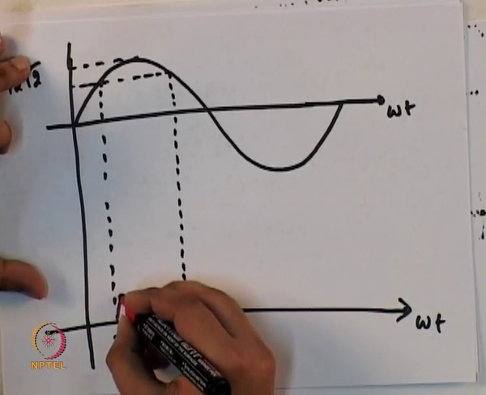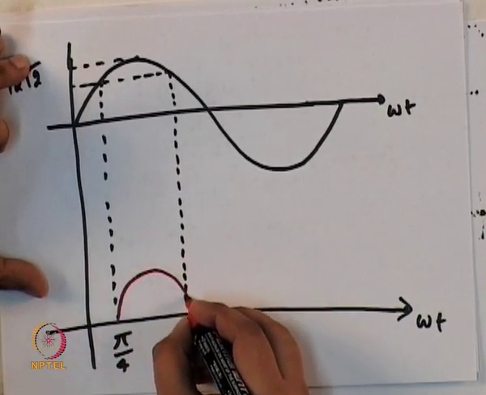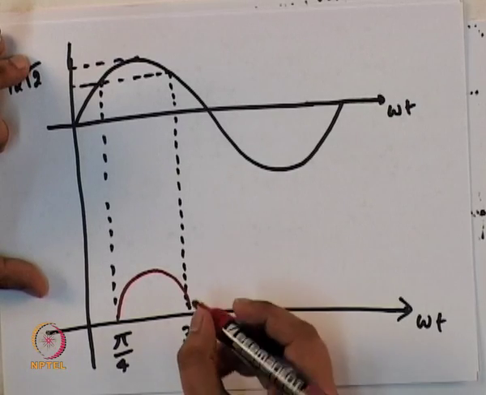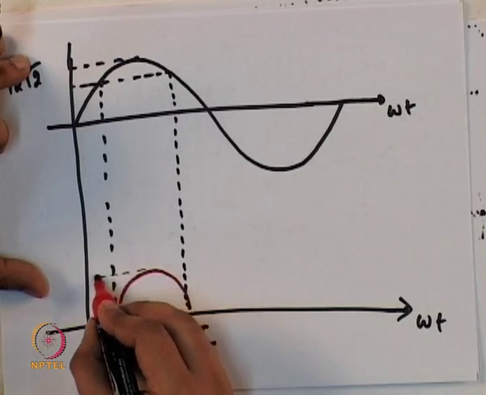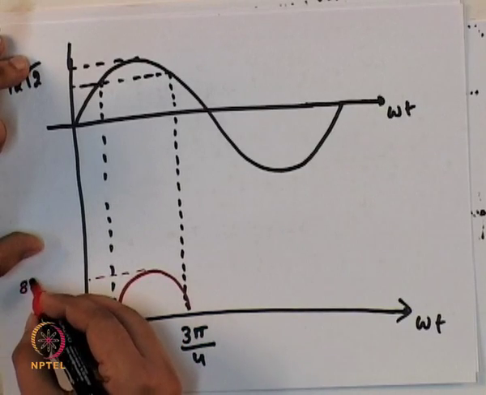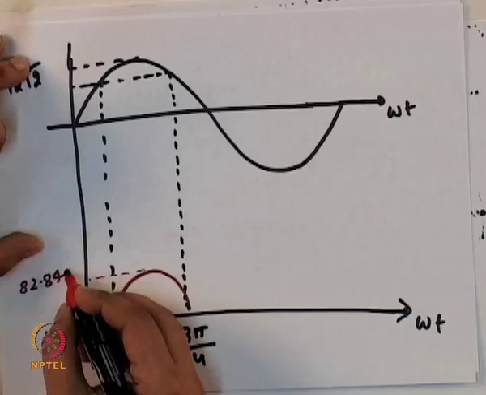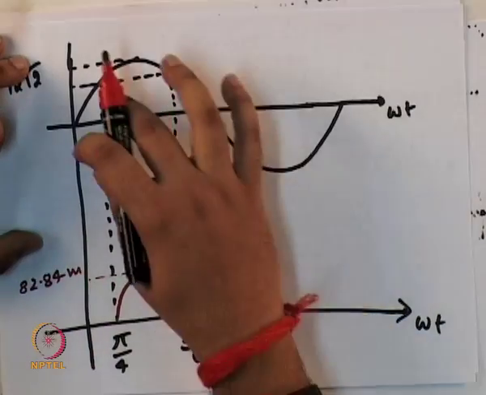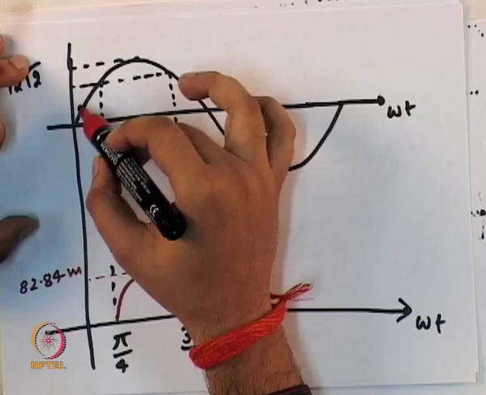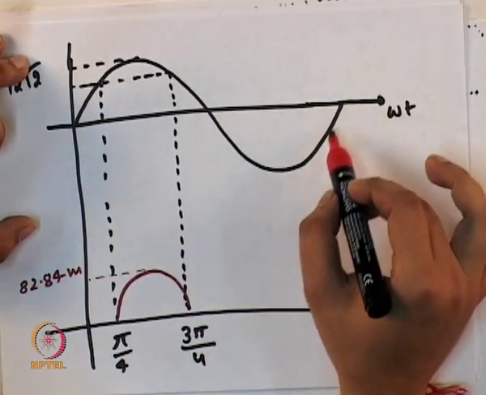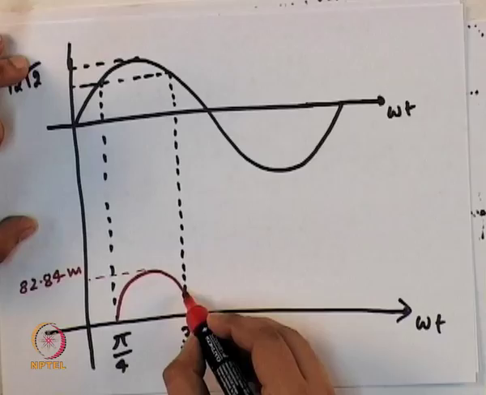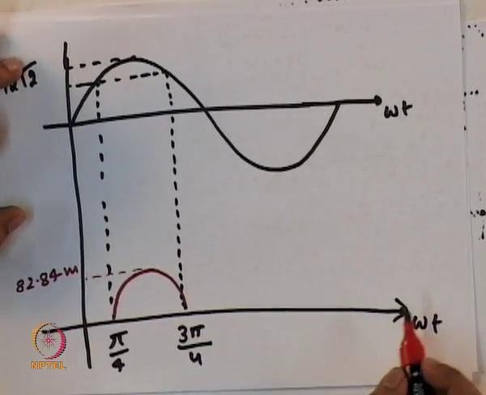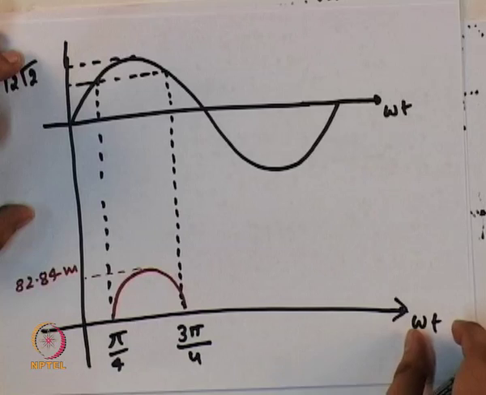So the current waveform would be this, and this value would be the peak value, and in all other areas the diode will be reverse biased, it will not be conducting. So this is the waveform of current.